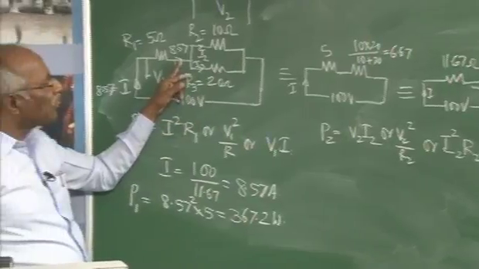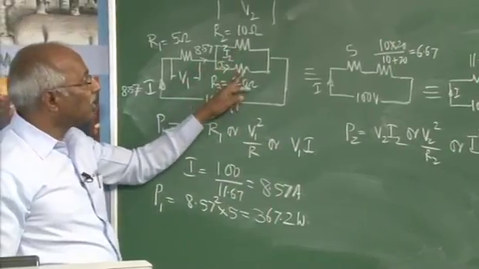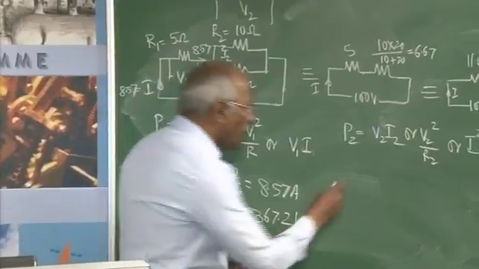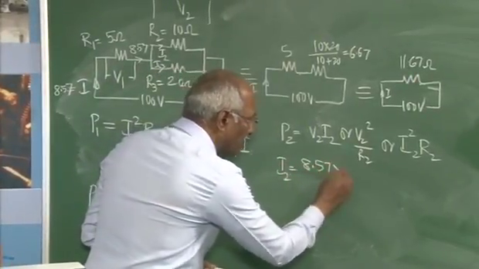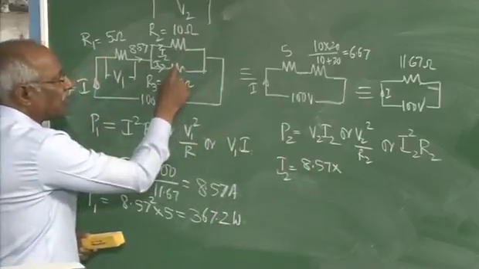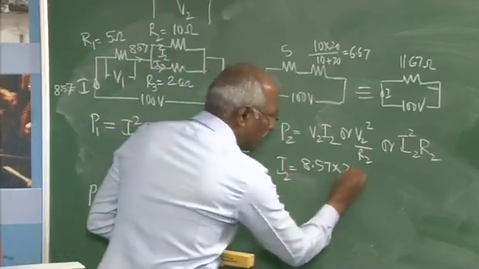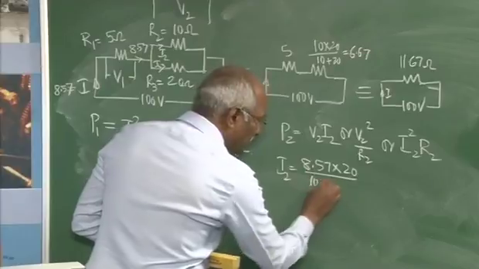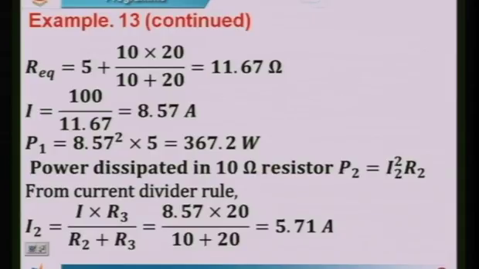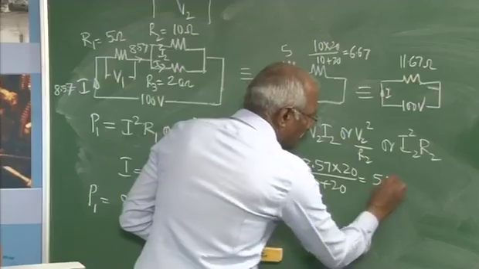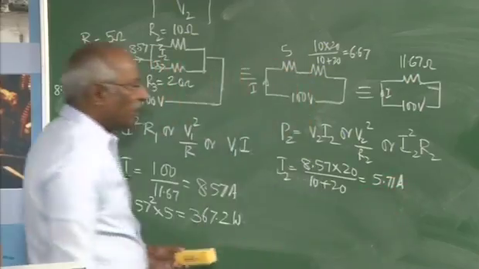I know the total current, I know the resistances in parallel. Therefore, I2 will be equal to the total current 8.57 into the resistance of the opposite branch, that's nothing but this 20, divided by the sum of the two resistances. That's equal to this. This I2 will be equal to 5.71 ampere.